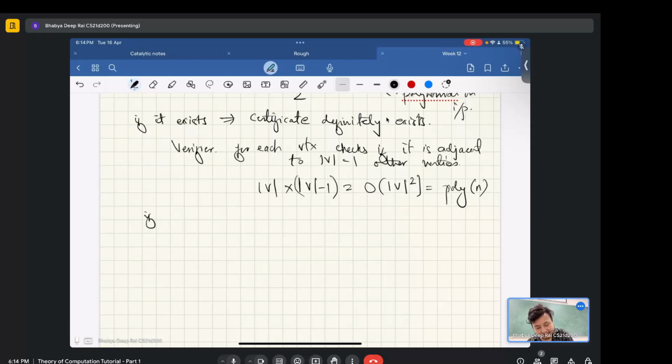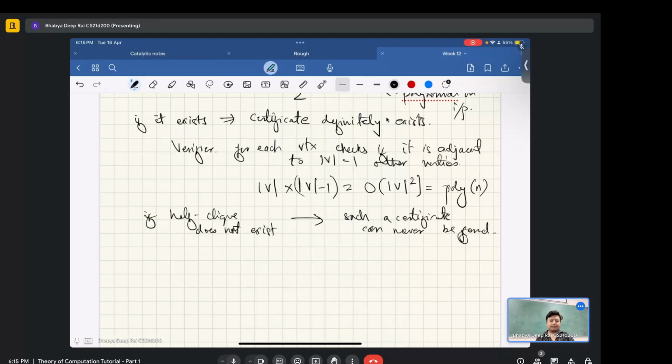Finally, if that half click does not exist, then such a certificate can never be found, right?